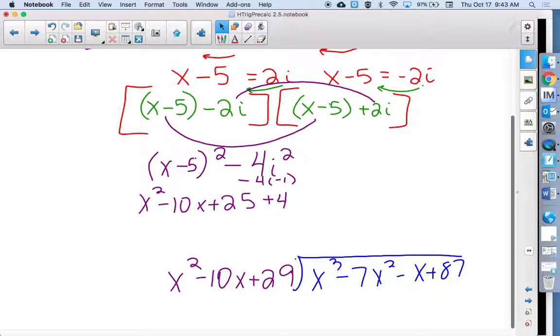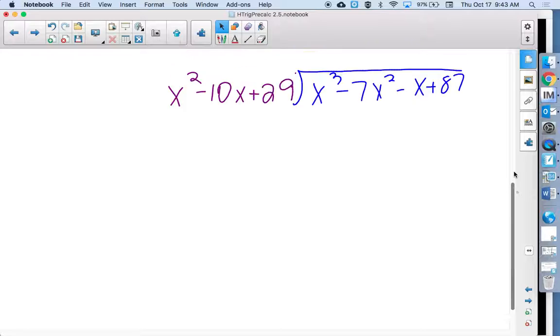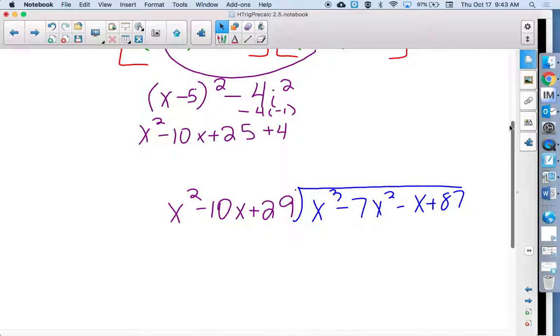So this is a great problem because it involves remembering that a complex zero occurs together in a pair, but it also involves some FOILing and then some dividing with wonderful synthetic or long division. So remember, the other two terms you ignore. We have an x, we want to make it x cubed.